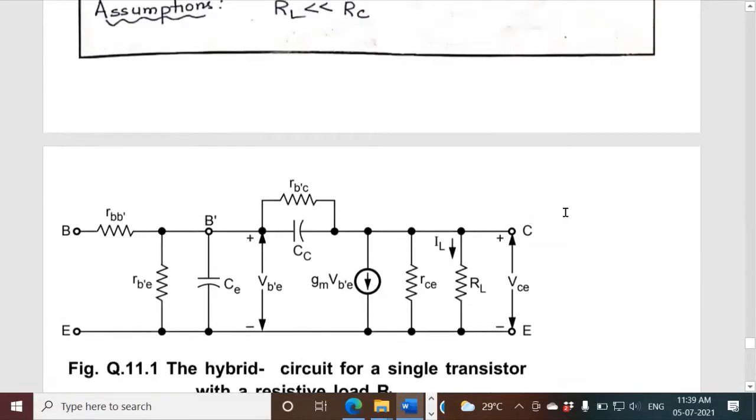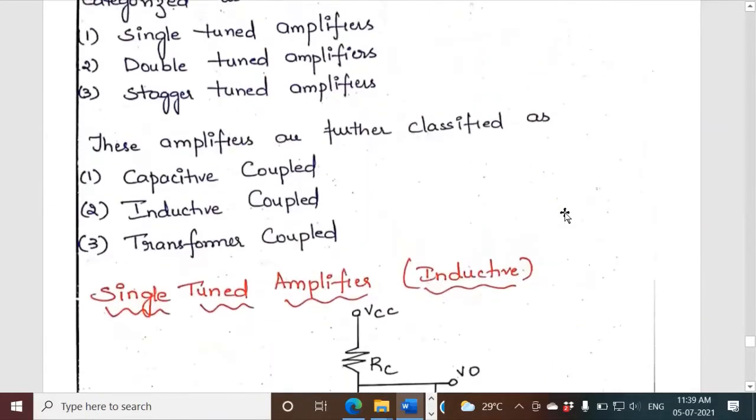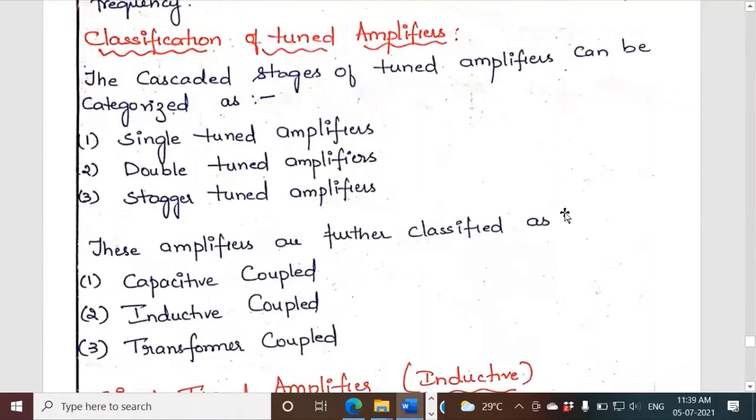Okay, what do we mean by stagger tuned amplifier? Anybody? Okay, in a double tuned amplifier, although we are using two tuned circuits, or tank circuits, both of those are fixed at a single frequency.